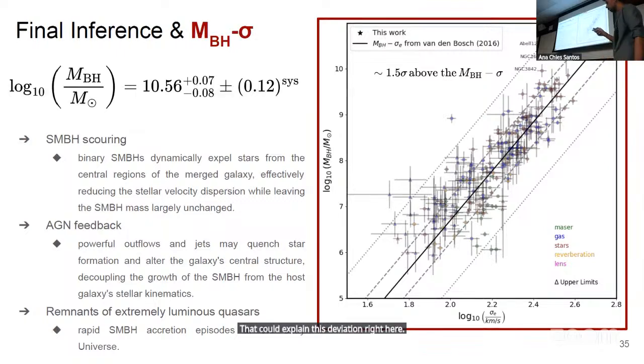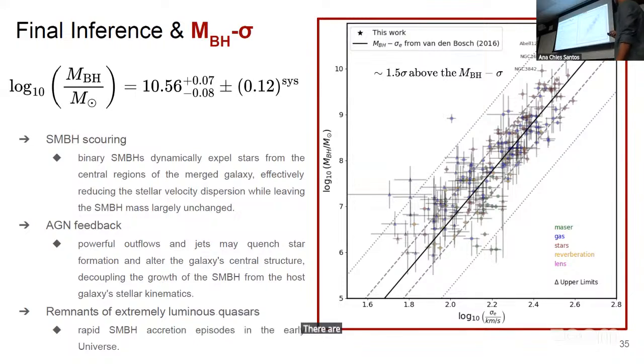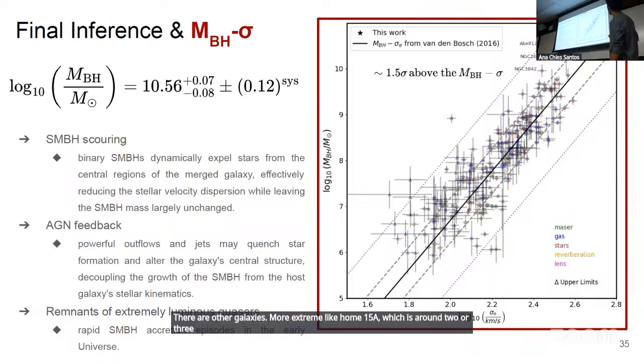And I forgot to say, the Cosmic Horseshoe is about 1.5 sigma above the main relation. There are other galaxies more extreme, like Holm 15A, which is around 2 sigma. Abell 1202 is almost 3 sigma.